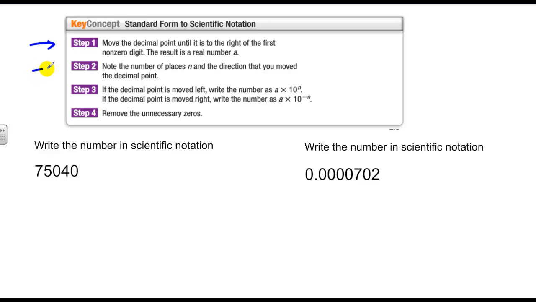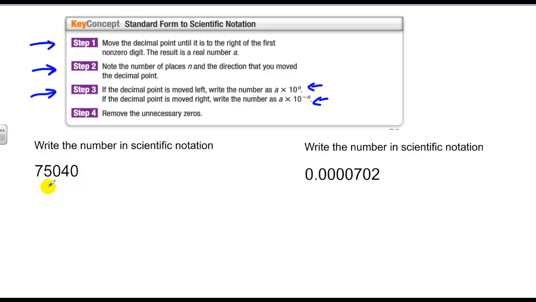We note the number of spaces we move to make that decimal the appropriate decimal, and we note whether we move to the left or the right. If we moved to the left, our value for n is positive. If we moved to the right, our value for n is negative. And then remove any unnecessary zeros. So let's go through and do that.